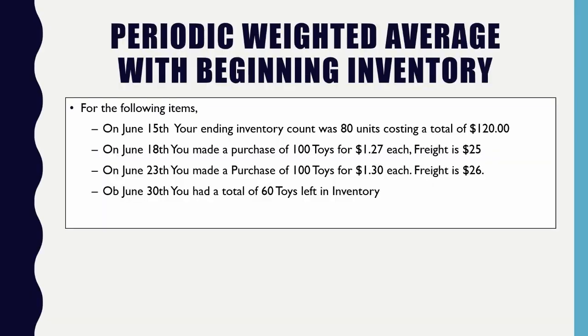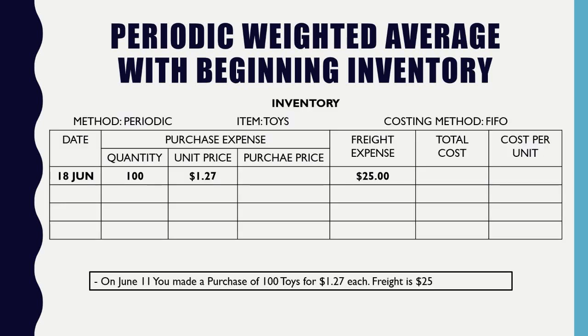All right. So again, we're dealing with sales in June. On June 15th, you have an available balance of 80 units, costing $1.52. Okay, I think I forgot to change that. So yes, let's go ahead and enter into our worksheet.